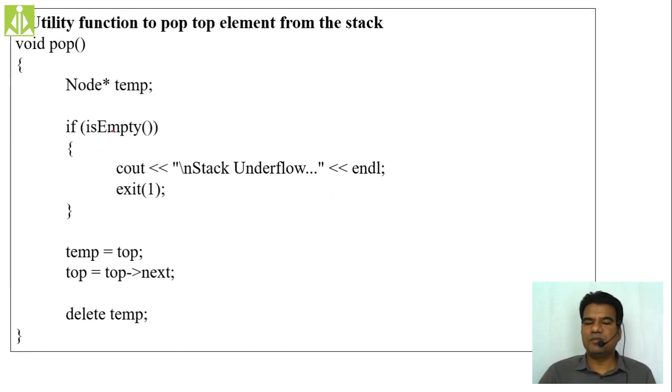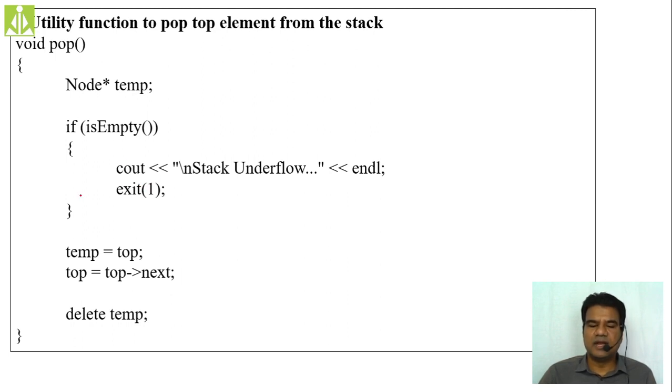When you perform the pop operation, obviously you have to safeguard your function with isEmpty, because there is a possibility that your stack is empty and at that point you are popping. Definitely an underflow state will come. So if my stack is empty, don't perform any pop operation: print stack underflow and return from here.